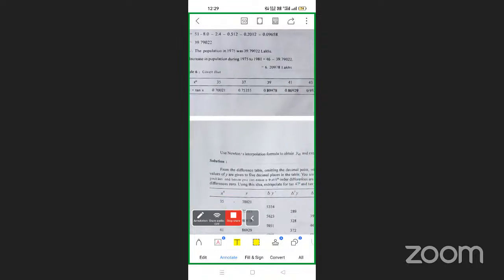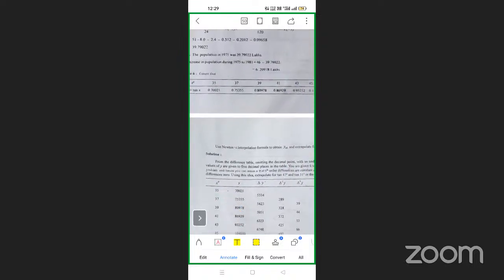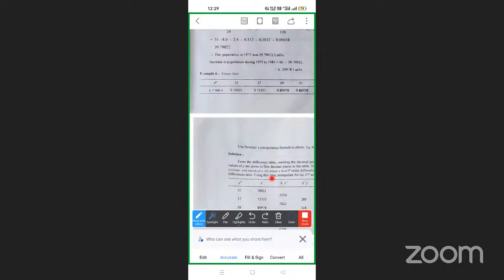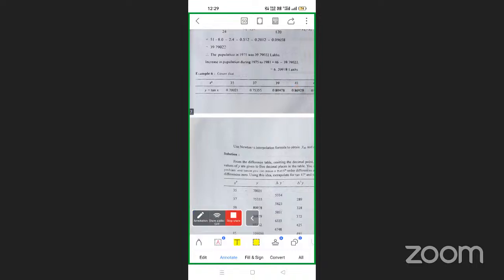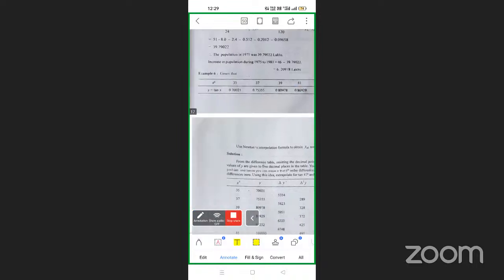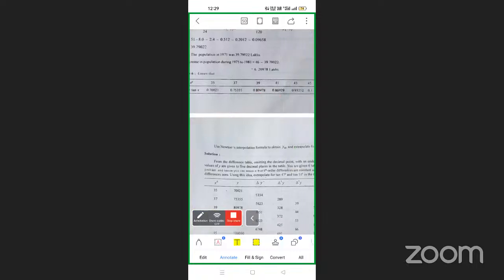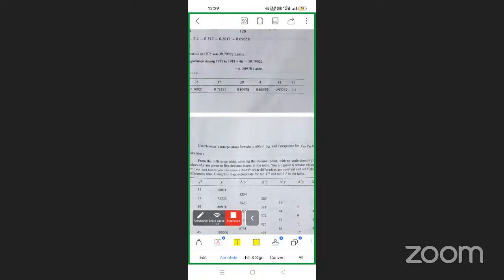Next example. Given x, y equals tan x: x is 35, 37, 39, 41, 43, 45. So y equals tan x: 0.70021, 0.75, 0.81, 0.86, 0.93, 1.0.